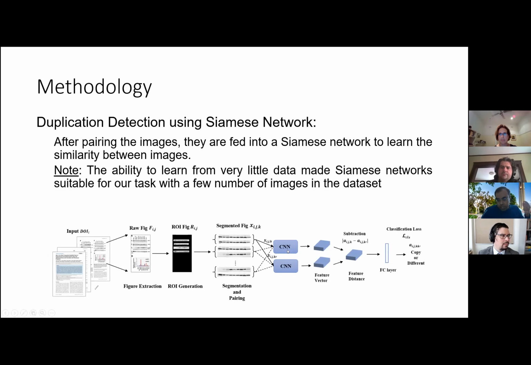The other thing is, the Siamese network, as compared to many other deep learning networks, requires less data to train. And data, as I will mention in a minute or so, is one of the big constraints in this kind of work that we have.